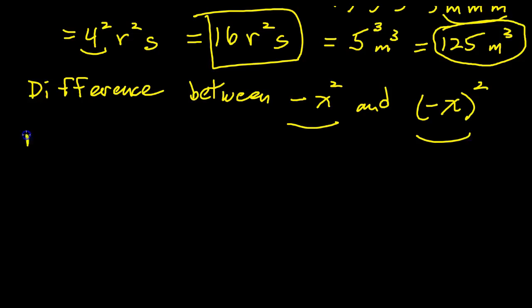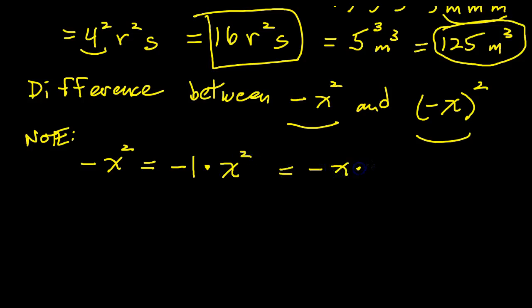All right, so please note, if I'm looking at minus x squared with no parentheses, that is equivalent to -1 times x squared, or an x squared expression with a coefficient of -1, and that's going to be the negative of x times x, will it not? In contrast, let me do this in a different color.